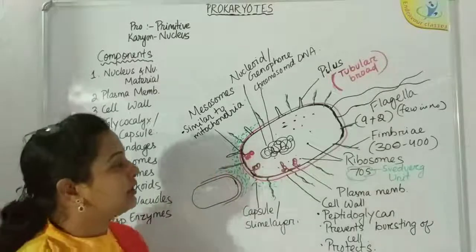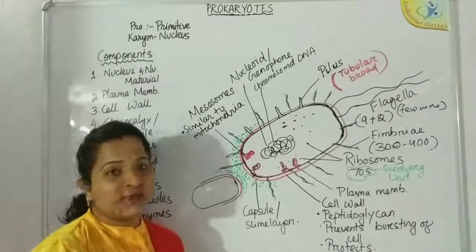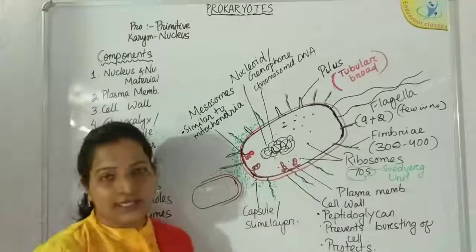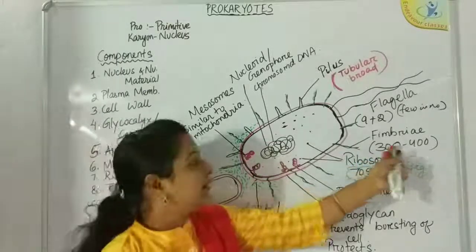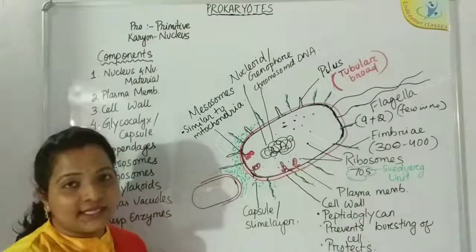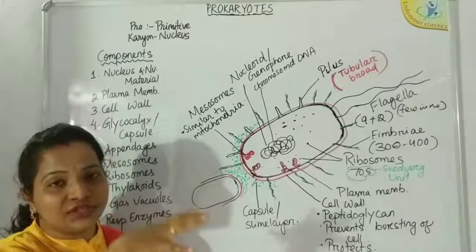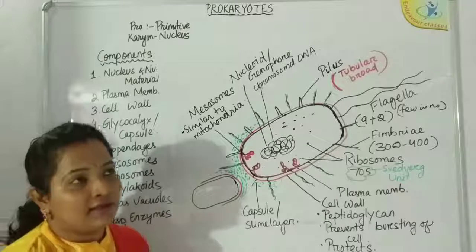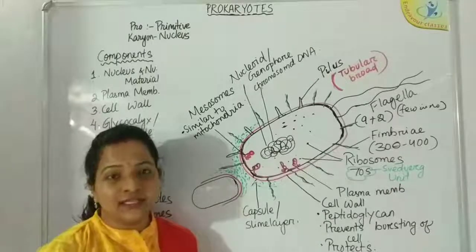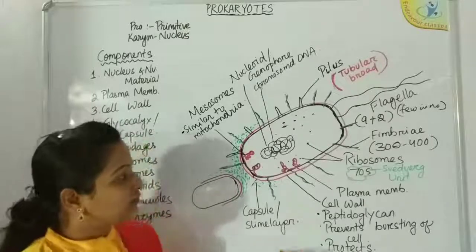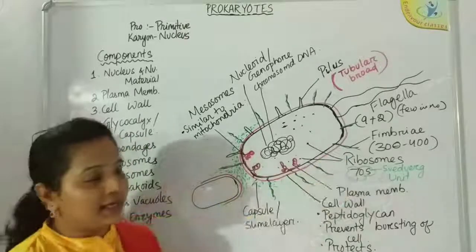They help in the attachment of the prokaryotic cell with the substratum. With the help of these fimbriae, the prokaryotic cell gets attached with the substratum, which may be a rock or any surface, any sediments under the sea.